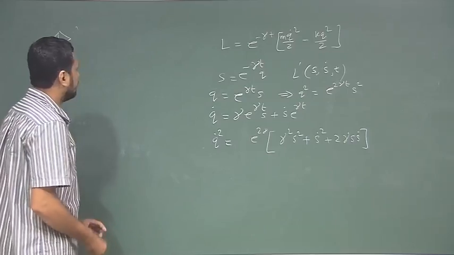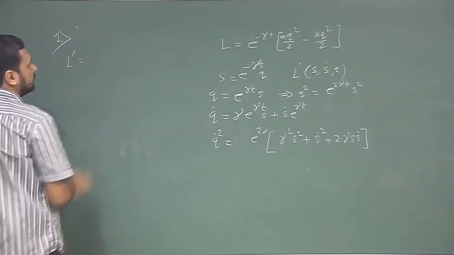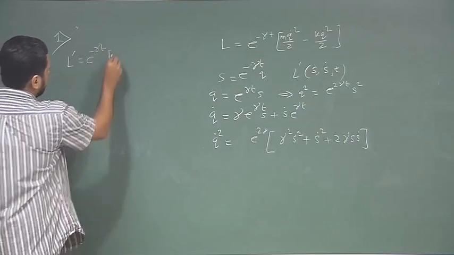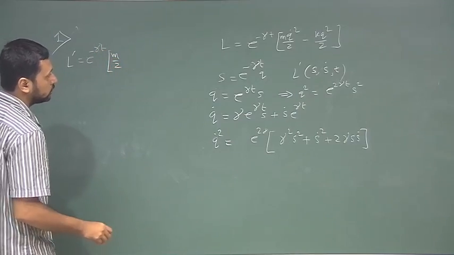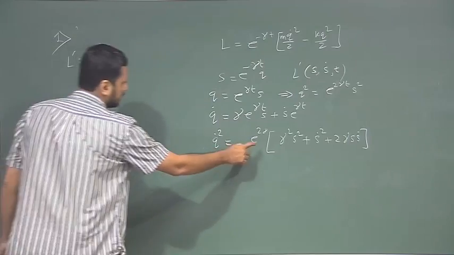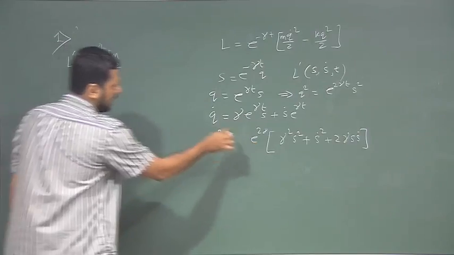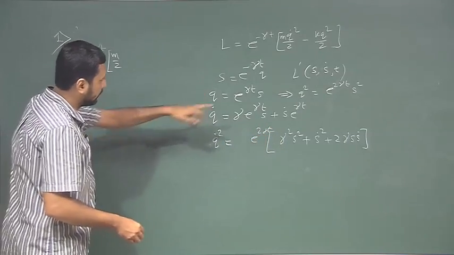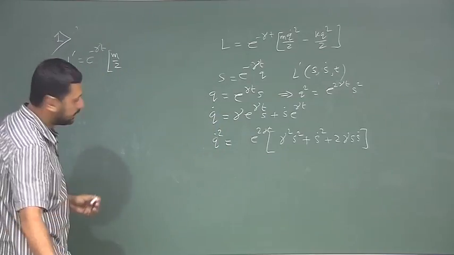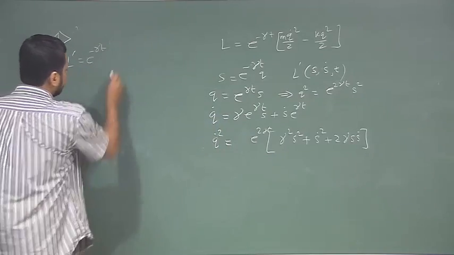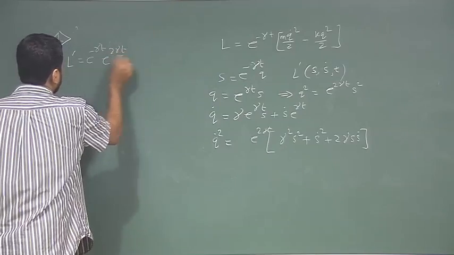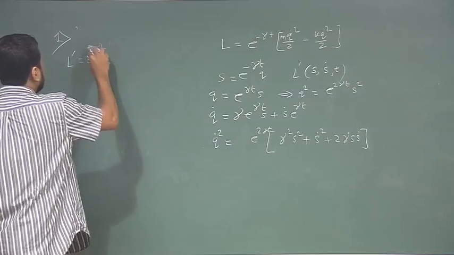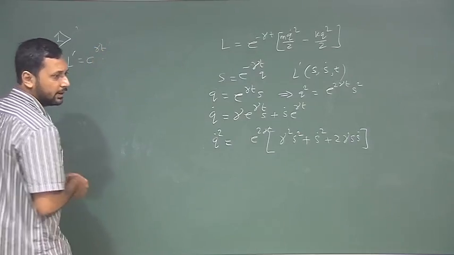Now, we can think of writing L prime, which will be e to the power minus gamma t times m by 2 q dot square, which will be this. You see we have e to the power 2 gamma t in both the square terms. So, we can take out e to the power 2 gamma t, which multiplied by e to the power minus gamma t will be simply e to the power gamma t, not minus.